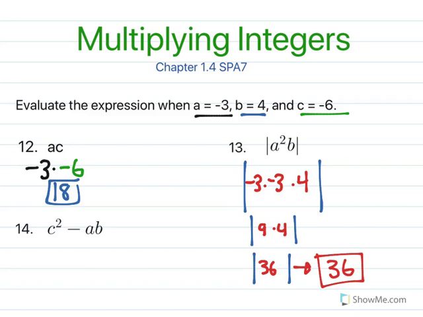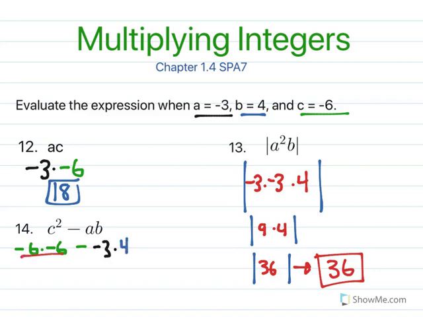All right, so go to number 14. For number 14, we have negative 6 squared. Now, since we're doing c squared, it means the entire letter c times itself. So it's really doing c times c. So it's really negative 6 times negative 6 minus a, which is negative 3, times b, which is 4.